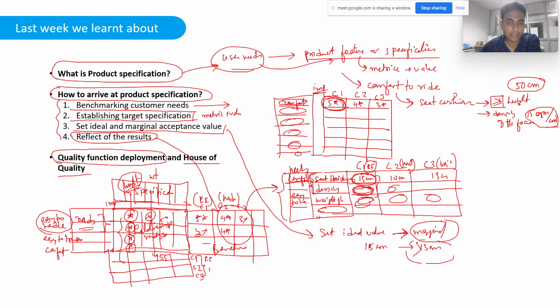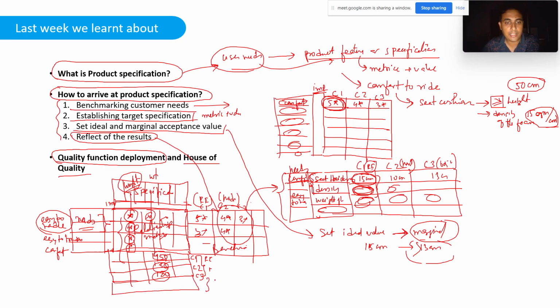For a company like Honda, it can be 135. Bajaj can be 120. So likewise, we map various specification values, and then we select a target value which can be an ideal value or a marginal value.